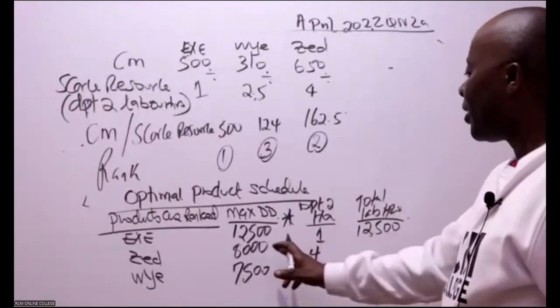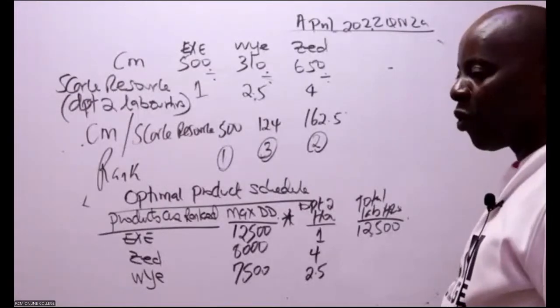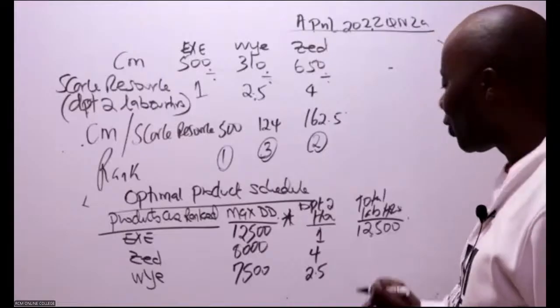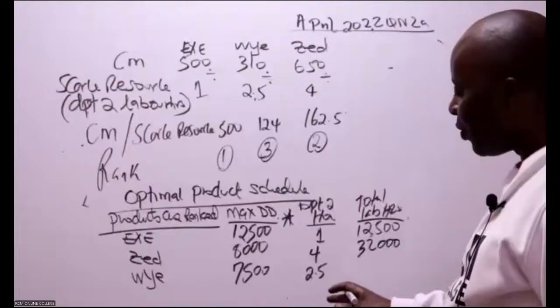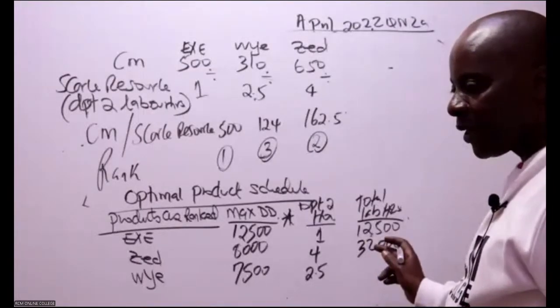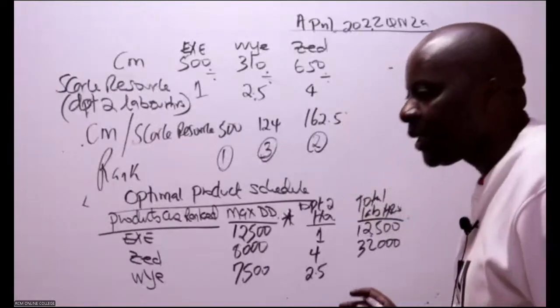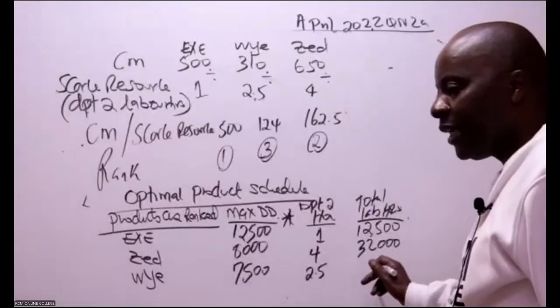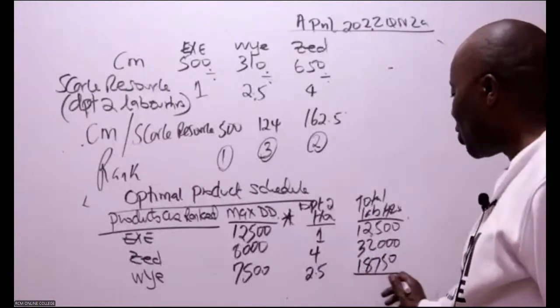The second one will be 8,000 times 4, which is 32,000. And then the last one will be 7,500 times 2.5, which gives us 18,750.